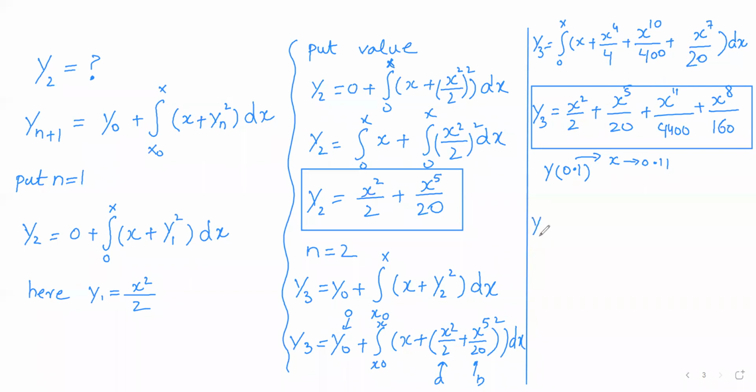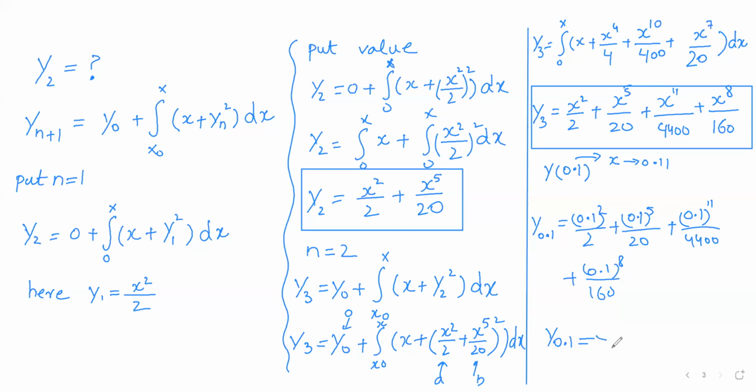So y 0.1 will be equal to 0.1 squared by 2 plus 0.1 raised to power 5 by 20 plus 0.1 raised to power 11 by 4400 plus 0.1 raised to power 8 divided by 160. And then y 0.1. Calculate, please, and tell me the answer. What is this answer?